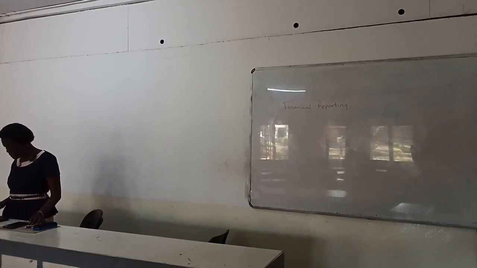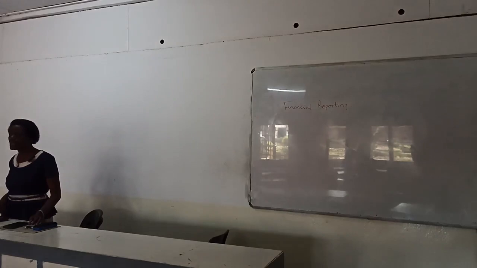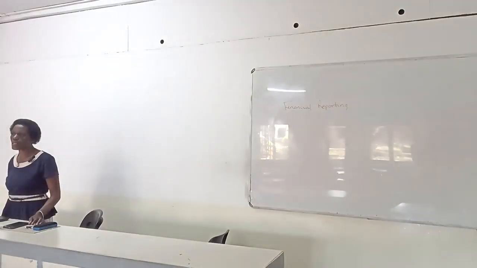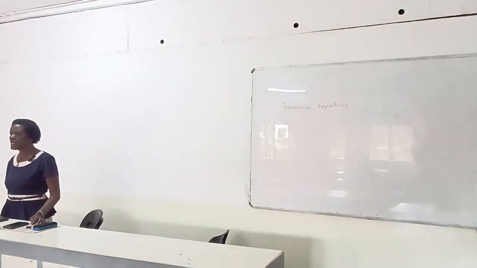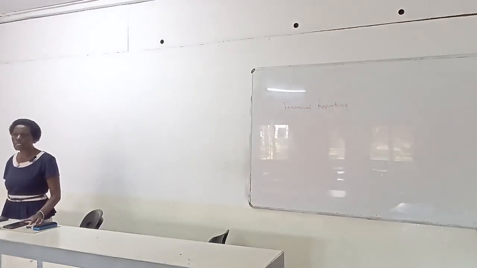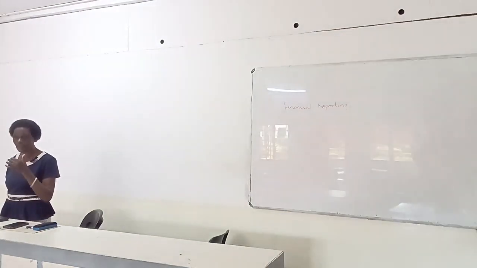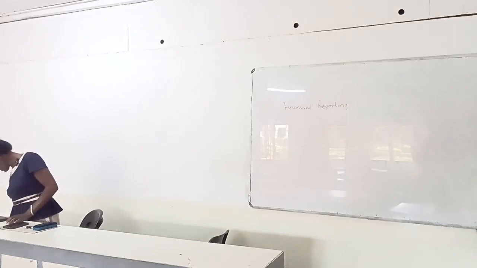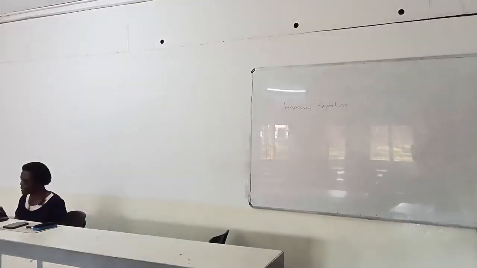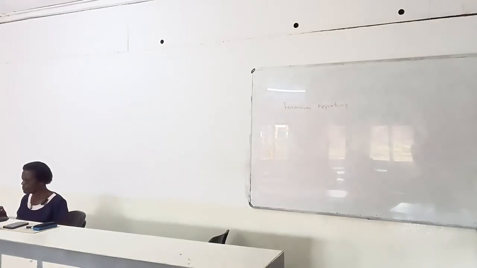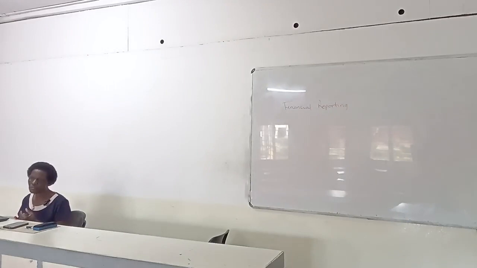The university wants us to know about the presentation of financial statements. But when we go to the three, if not four, first subtopics of financial statement presentation, we look into them as if they are the same things. What is the first subtopic? Organizational information.